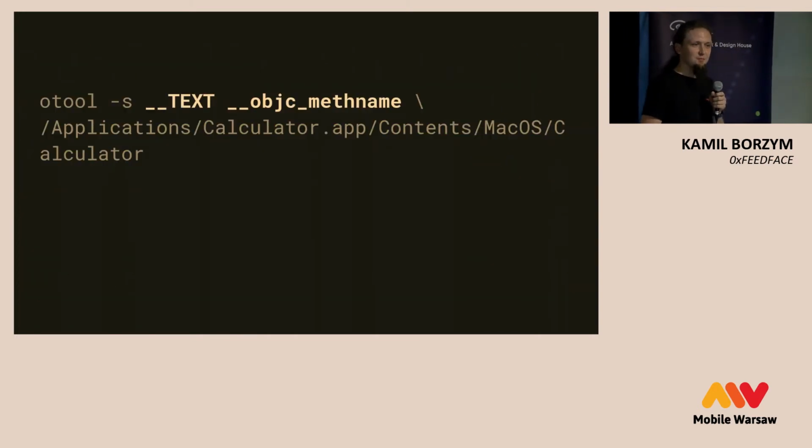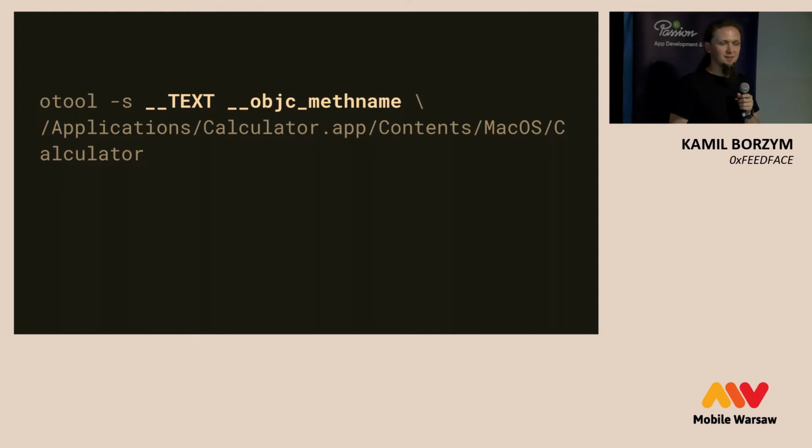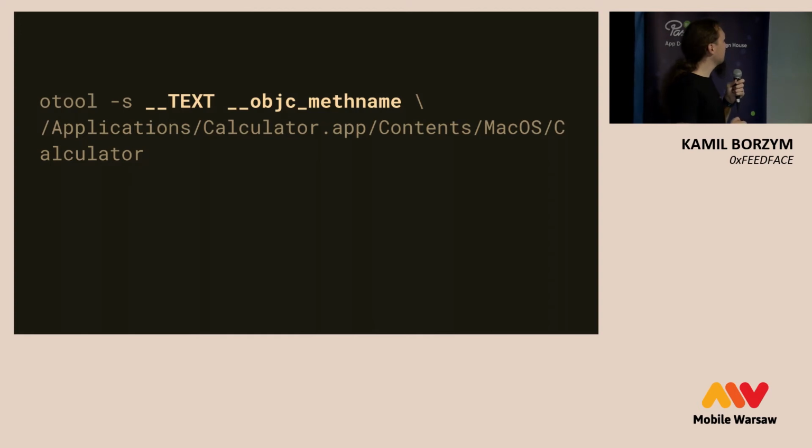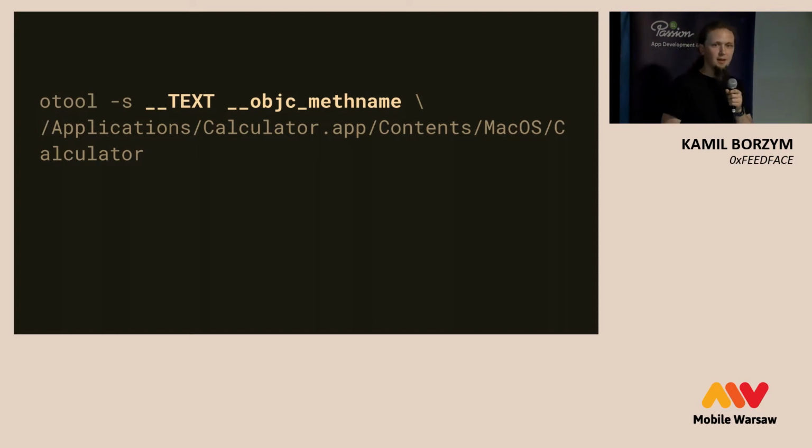Okay, jumping between byte ranges is very painful. You can do this using otool with the -s parameter, and this will print contents of any section in any segment. Let's print contents of the Objective-C methname section from the iOS system calculator.